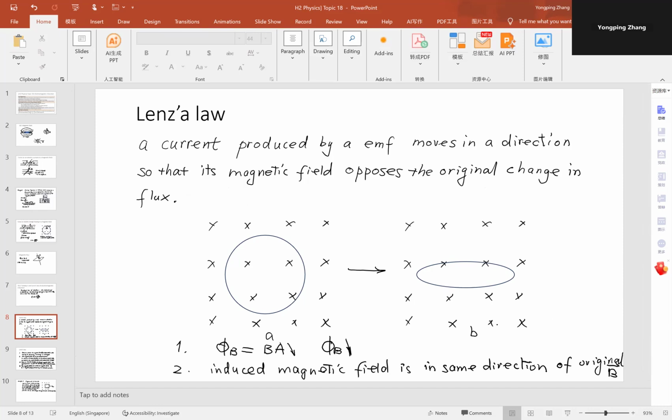With the same direction, we can decide the induced current, using the right hand. So the current is in these directions, clockwise, in the clockwise direction.